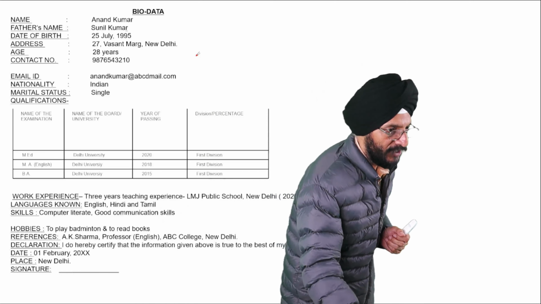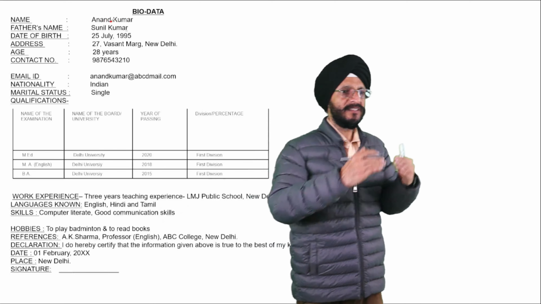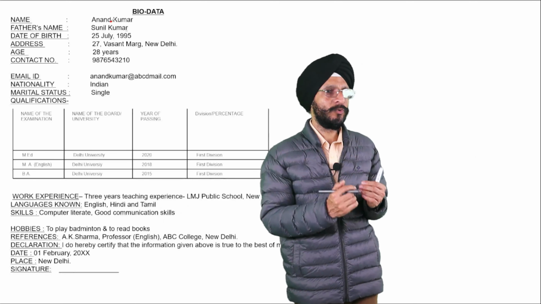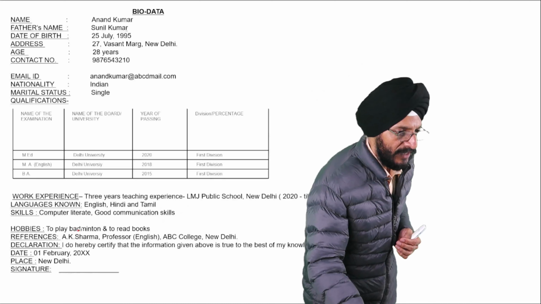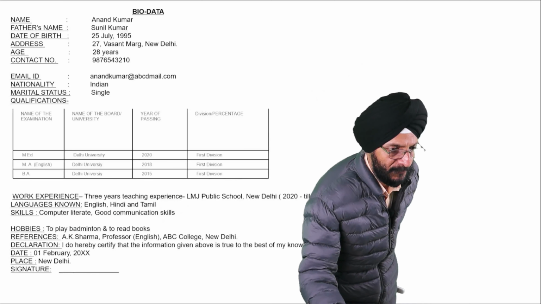So this is the biodata. As already told, you have to first mention your name, father's name, your date of birth, age, address, email address, your qualification and work experience, languages, skills. You have to mention all that.